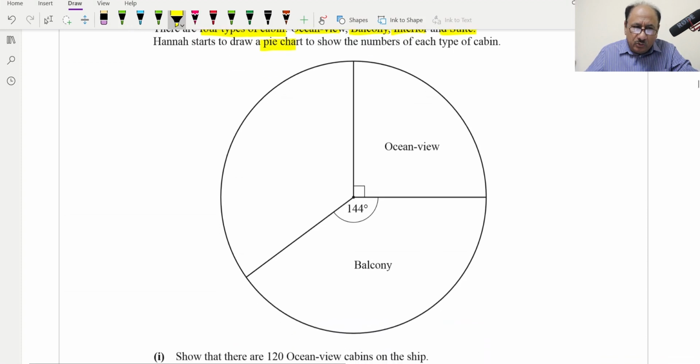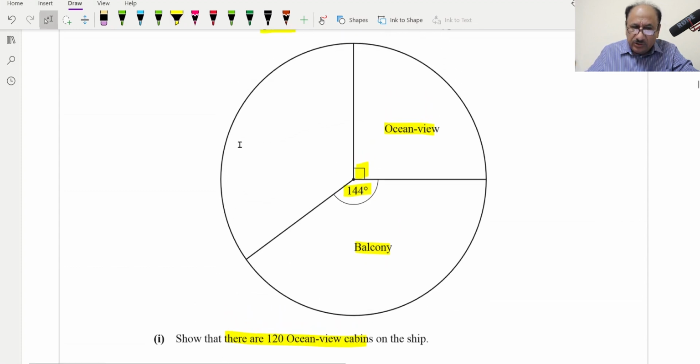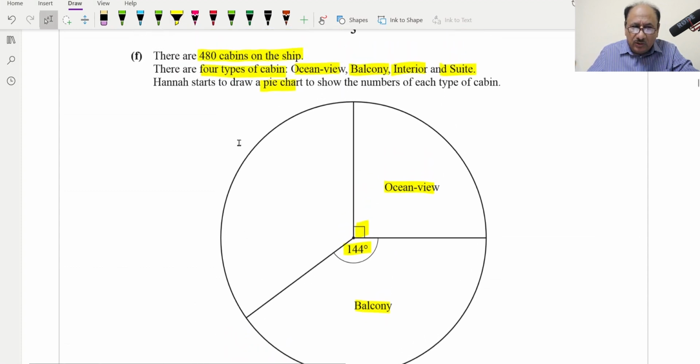They have shown ocean view and balcony, this is 90 degrees and this is 141 degrees. According to the question, we have to show that there are 120 ocean view cabins on the ship.